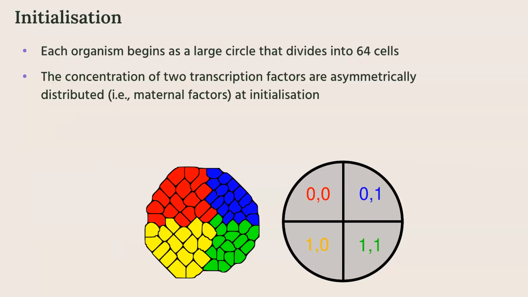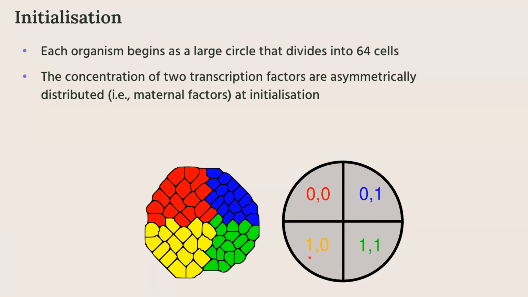So now I want to talk about how I initialize an organism at the beginning of its development. So an organism is initialized as a ball of 64 cells. And you'll see that the color of these cells are different. And the reason they are different is because I initialize two transcription factors to different concentrations depending on their location in the initial organism. So these numbers here just represent the initial concentration of those two transcription factors.